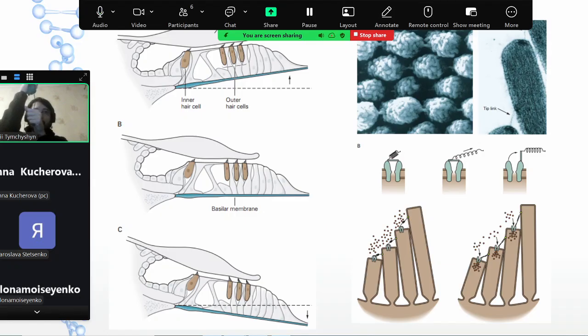An interesting point to notice: first of all, they have a direction. When they are moving in a certain direction, this channel can be opened. If I move like this or like this, nothing interesting happens. If I move like this, nothing interesting happens. If I move like this, the channel gets opened, and we have some potassium influx.